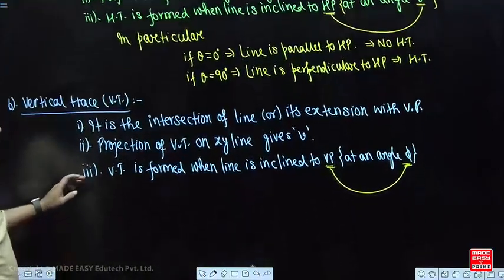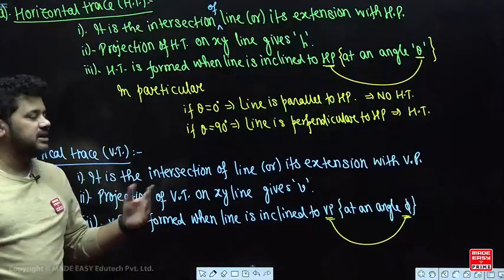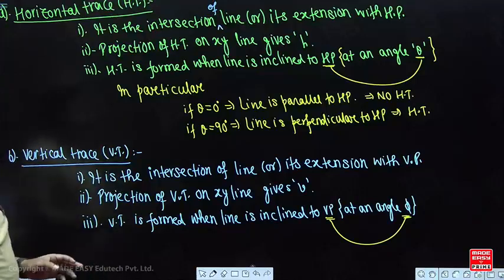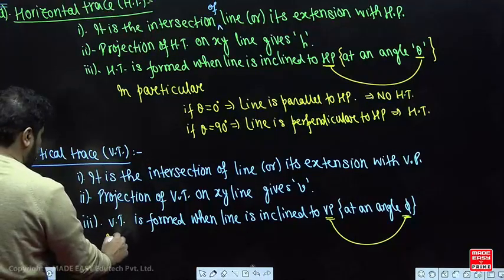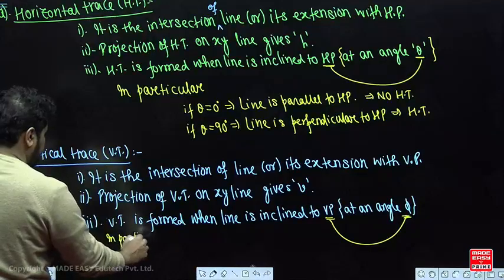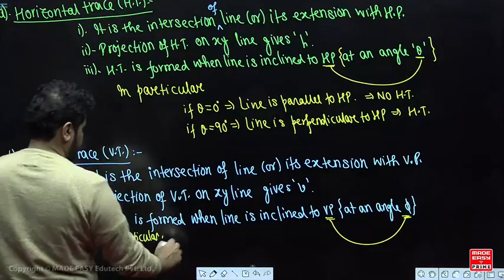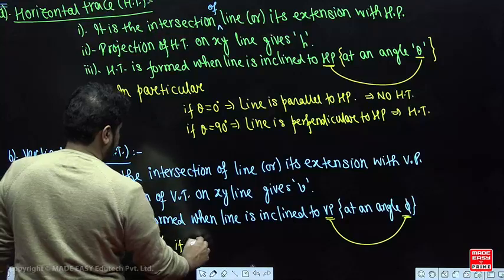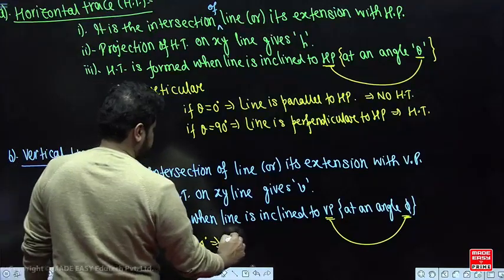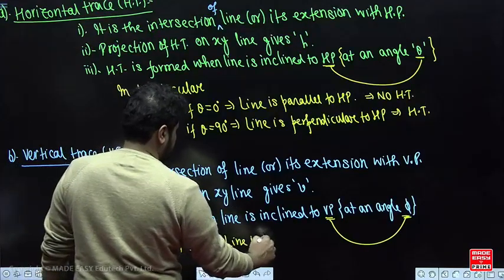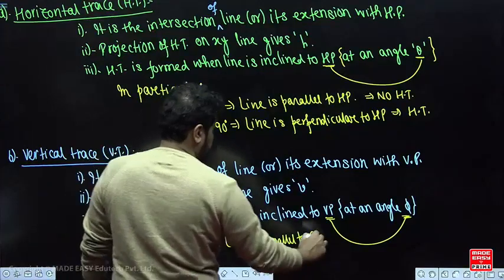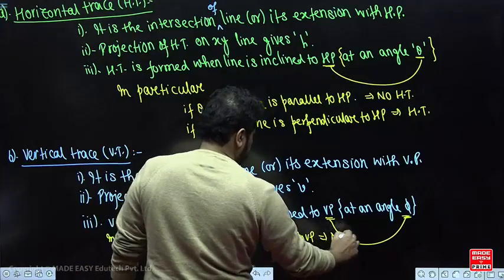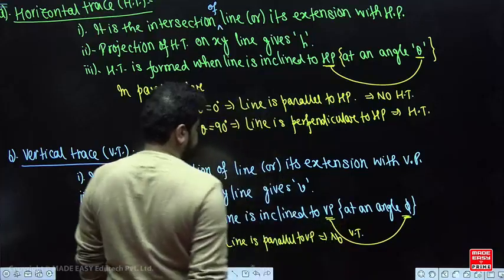So in particular, if phi is equal to 0 degree, it means the line is parallel to VP, so there will be no vertical trace.